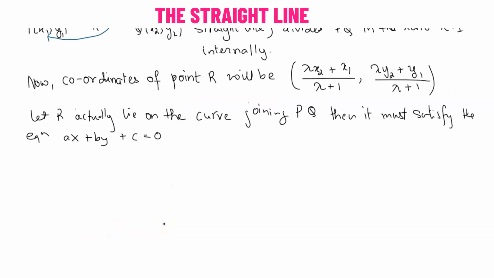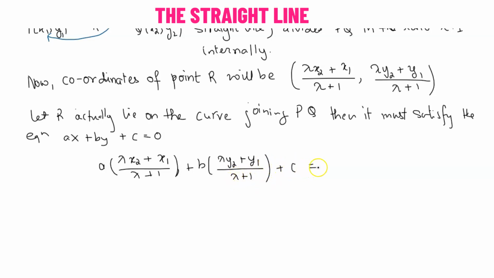So how do we do that? Here we will say that a times lambda x2 plus x1 divided by lambda plus 1, where we replace the value of x with the x coordinate of the point R, added to b times the y coordinate of point R, that's lambda y2 plus y1 divided by lambda plus 1, plus c equals 0. Here I'm going to multiply throughout by lambda plus 1, so we have a times lambda x2 plus x1, added to b times lambda y2 plus y1, plus c times lambda plus 1, equals 0.